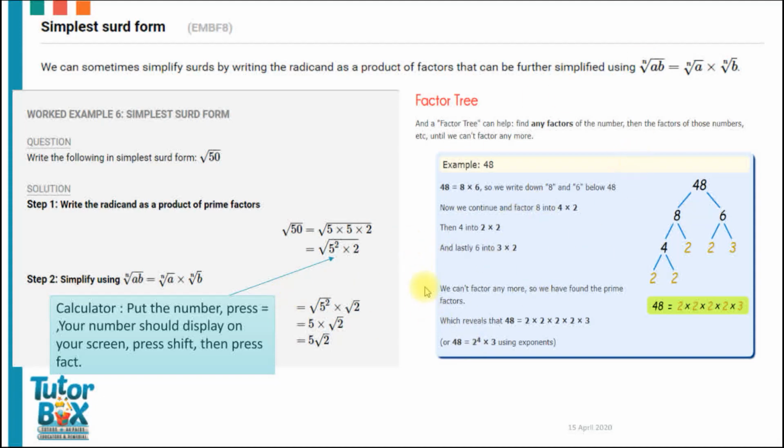You should be able to do these. Or you can use your calculator. You put the number, in this case 50, and then you press equal. The 50 should be on your screen. Then press shift, and then press fact.